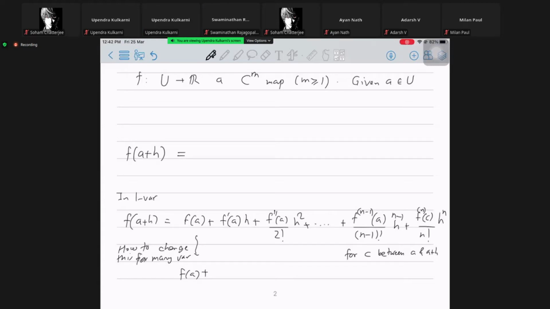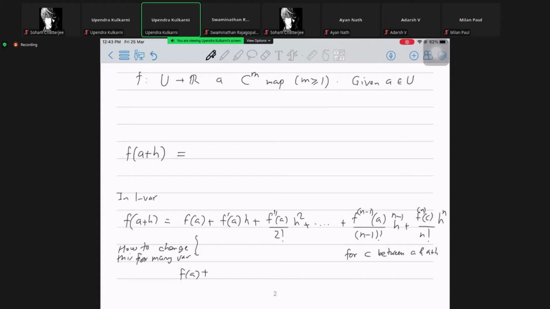We're not just looking at a single component. If I think of h as a column vector, then what is f prime of a as a matrix? What are its dimensions? Remember, the original map is from n dimensions to 1 dimension. So the derivative of this is going to be a row vector.